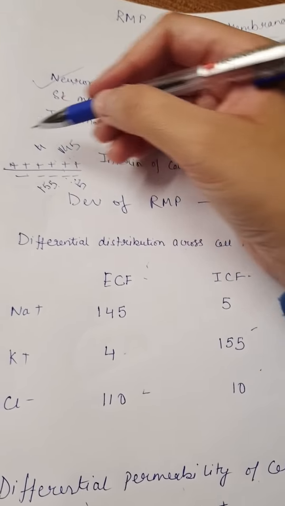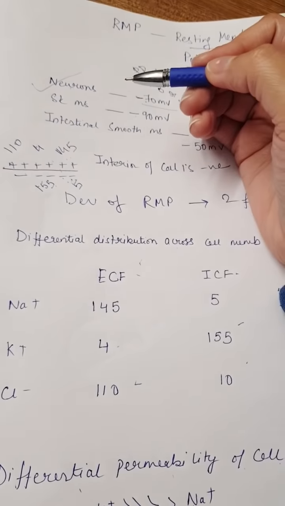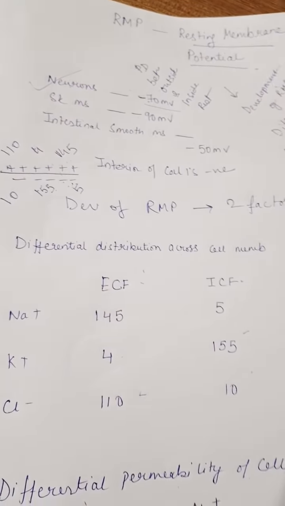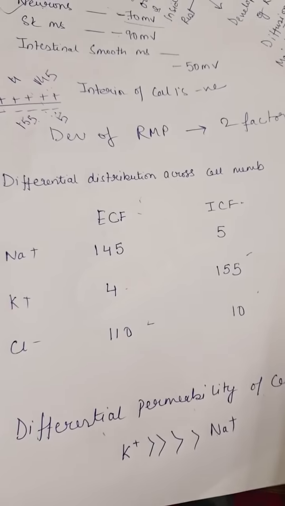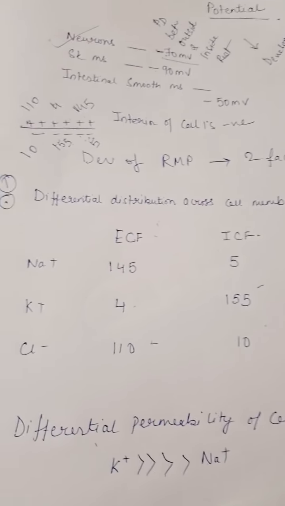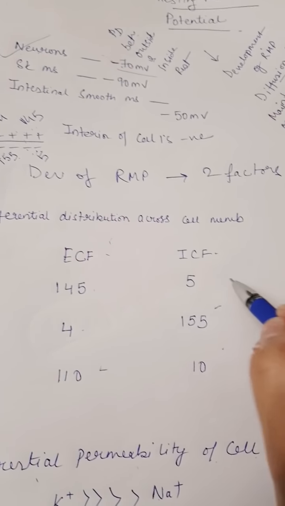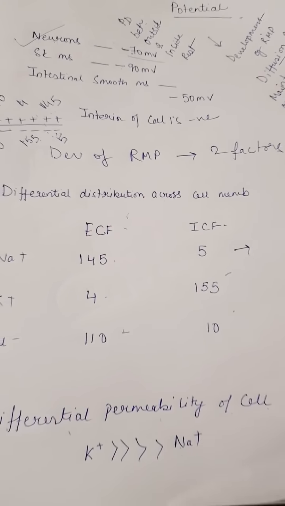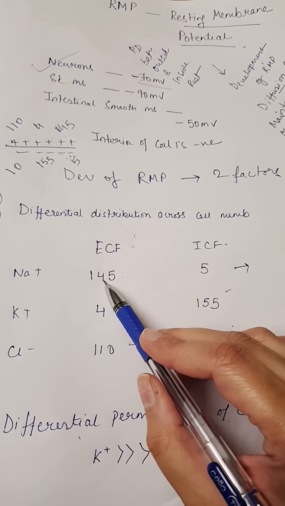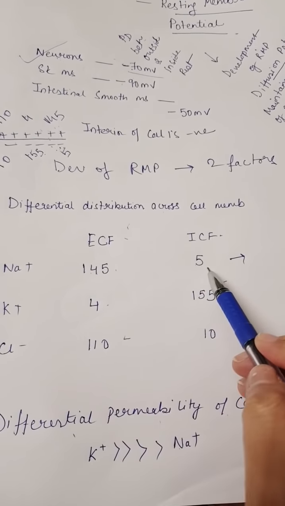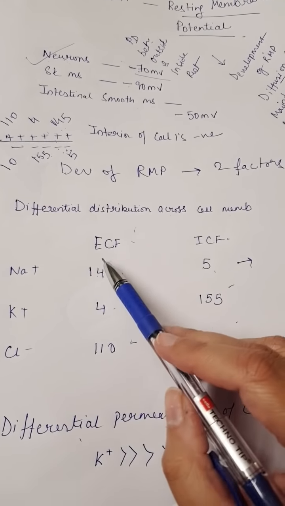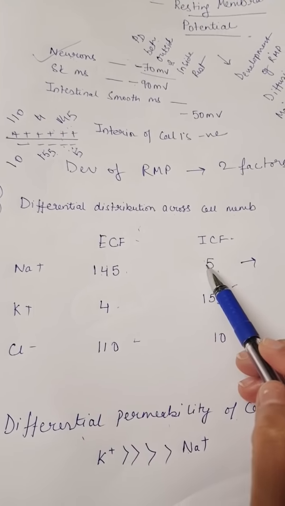Chloride outside is 110 while inside it is about 10. So they are distributed differentially across the membrane. Here the tendency of sodium is to move inside from a higher concentration to a lower concentration, that is from ECF to ICF, from outside to inside.